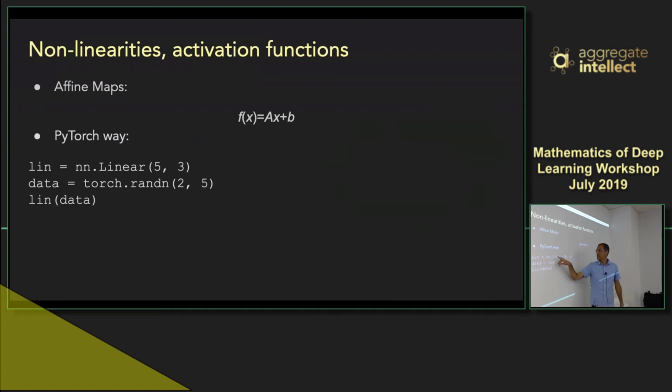You apply your linear function to your data. In the exercises, you will experiment with this in about 20 minutes to make sure that you know everything about applying affine maps to your input data.